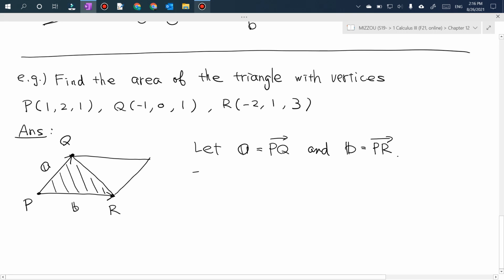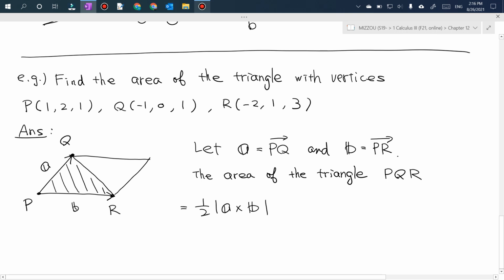Then the area of the triangle PQR is half of the magnitude of the cross product.